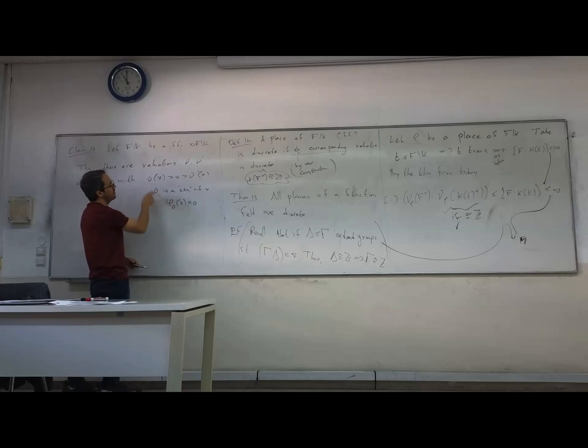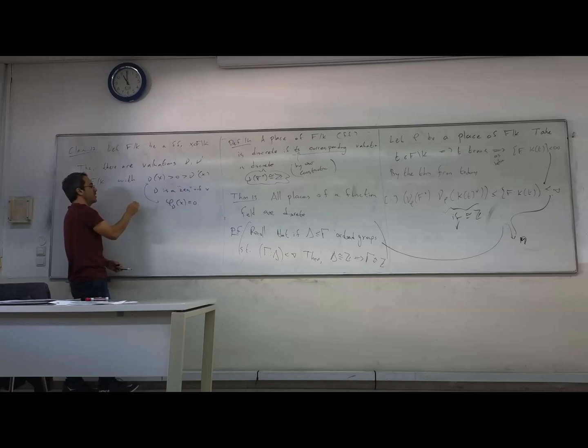And if you think about it, this is equivalent to saying that X is in MV, and MV is exactly the kernel of this map. Just make sure that you understand this.